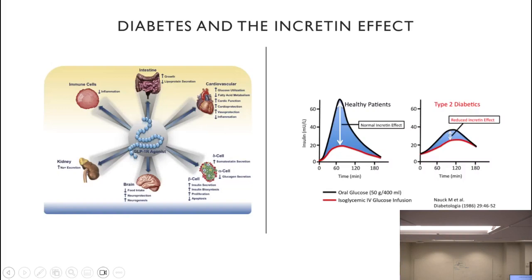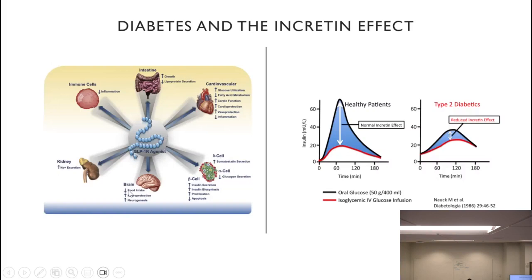different effects that the incretins have on different organ systems. For example, decreases inflammation, increases sodium excretion, decreases lipoprotein secretion in the intestines, increases growth. And this is talking, for example, about the medication. These medications are, everybody wants them now.